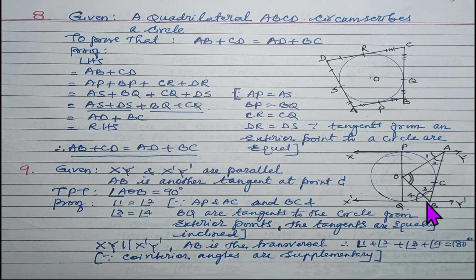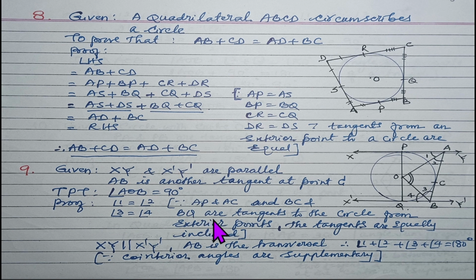And so also B is an exterior point, and BC and BQ are tangents, and angle 3 and angle 4 are equal, because tangents drawn from an exterior point are equally inclined. This is a very important property. Angle 1 is equal to angle 2, and so also the tangents drawn from point B are equally inclined, and therefore angle 3 is equal to angle 4.